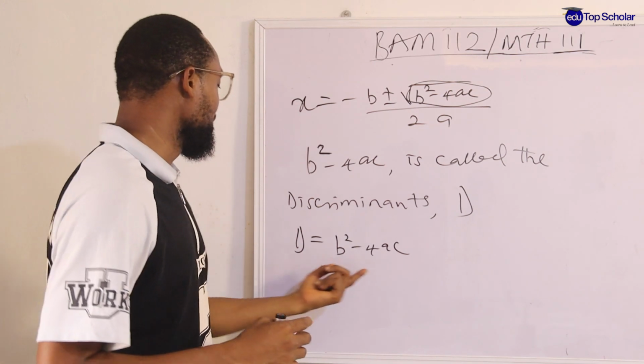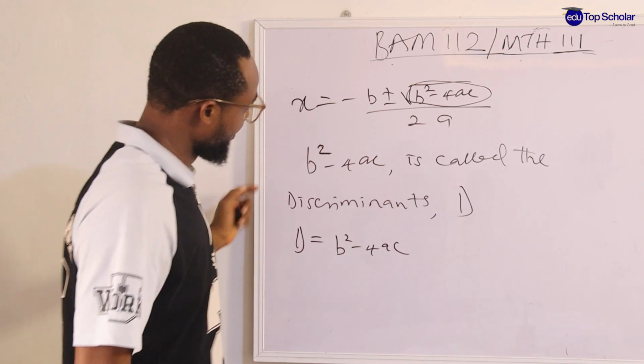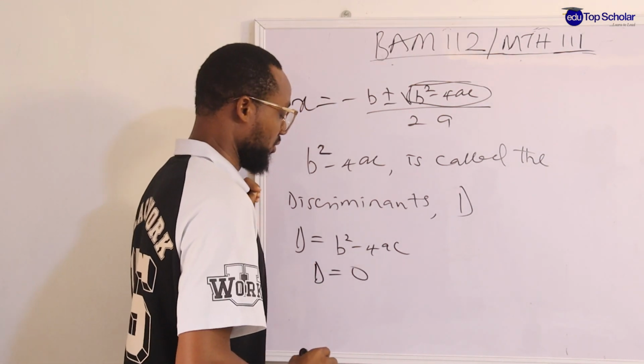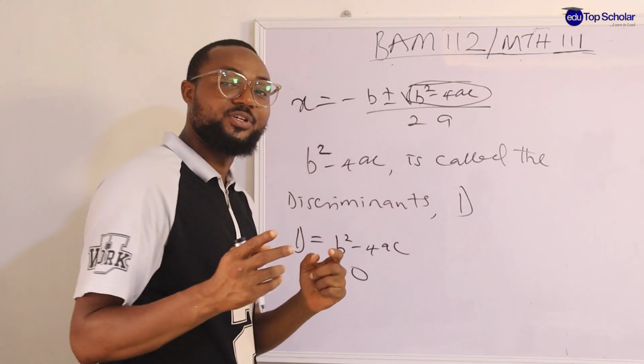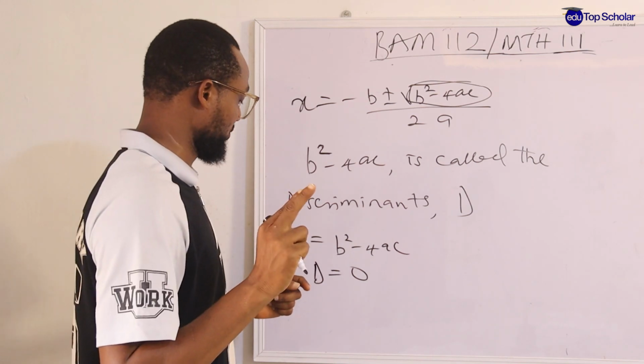1. If this discriminant D is equal to 0, then we have 2 equal real roots.